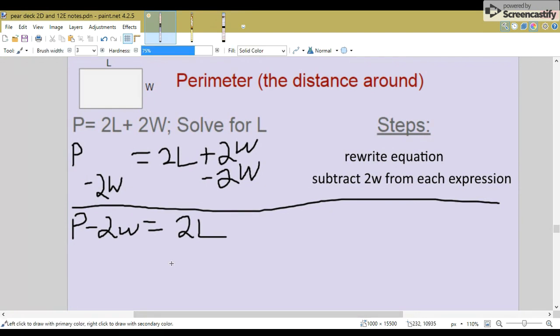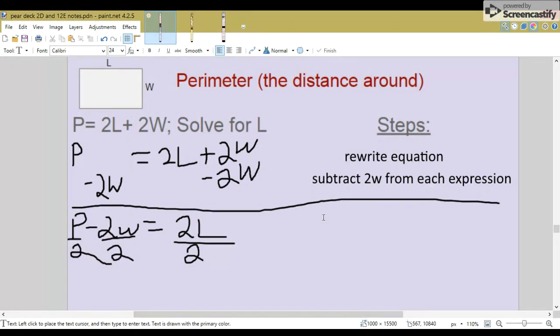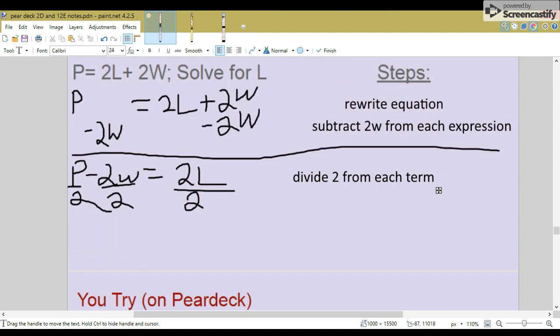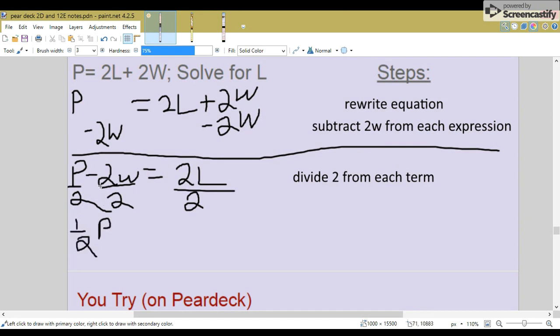Now we have one more step. We want to divide each term by 2 to isolate the L, to get the L by itself. So P divided by 2 is just 1/2 P. -2 divided by 2 is -1, so -1w.